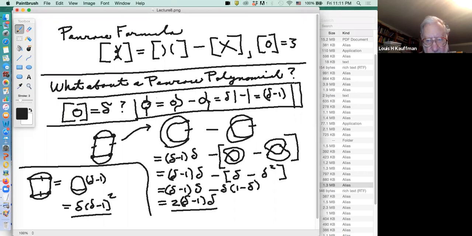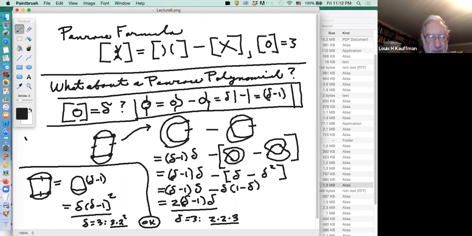Well, these are not equal. What happens at 3, just to check? At delta equals 3, I get 3 times 2 squared, which is 12. And at delta equals 3, I get 2 times 2 times 3, which is 12. So we're okay at delta equals 3, but in general, not the same.